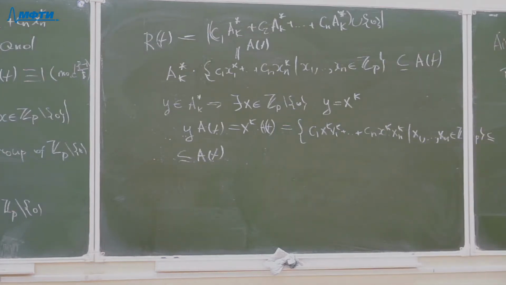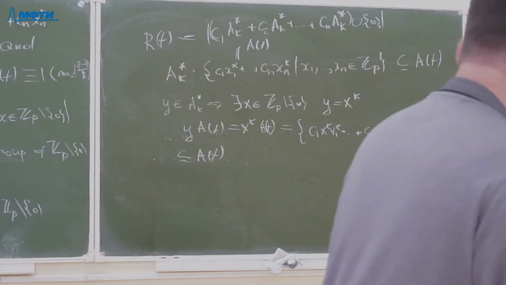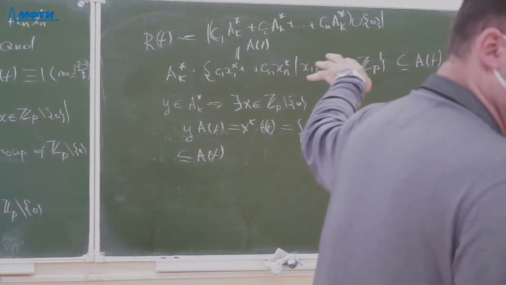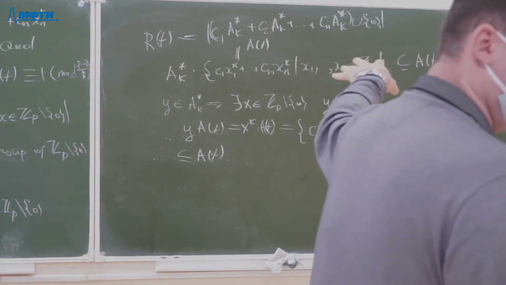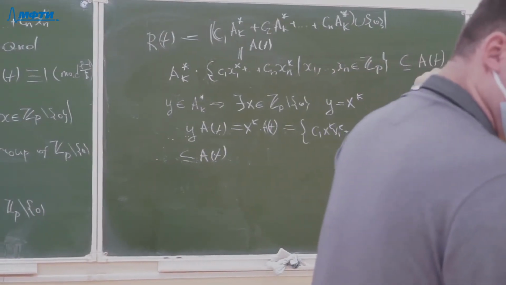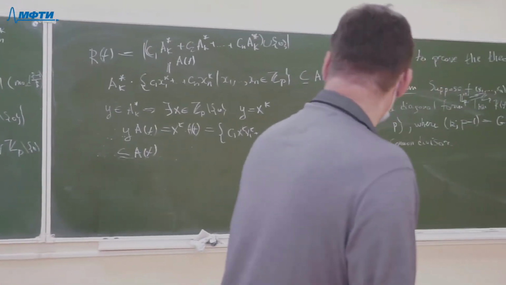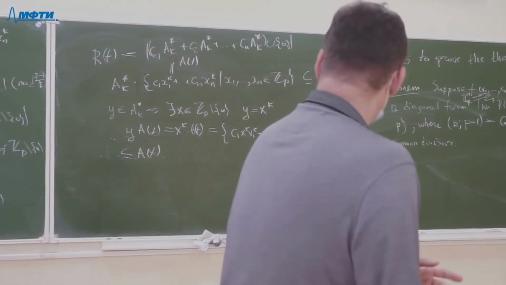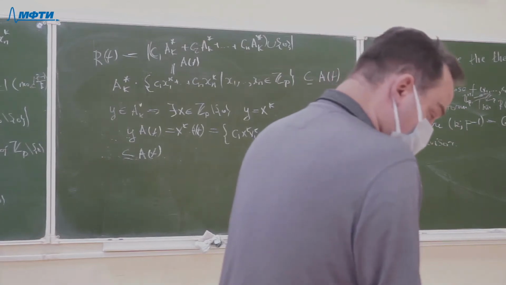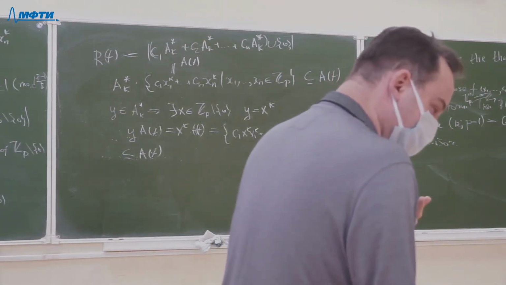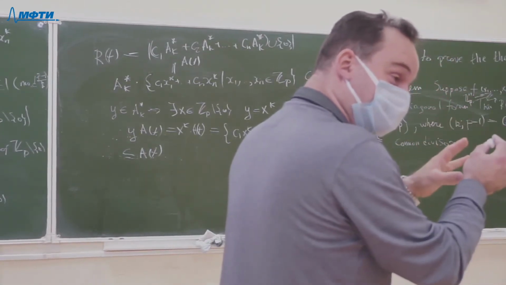So, what does it mean that the subgroup AK star multiplied by AF is a subset of AF? This means that AK star is part of the symmetry subgroup, right?